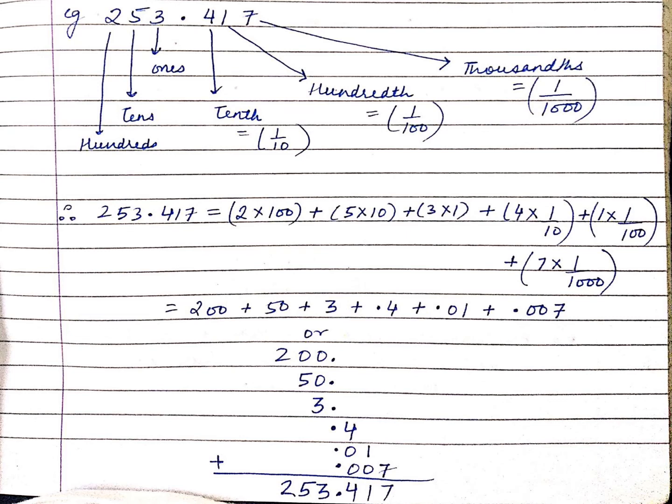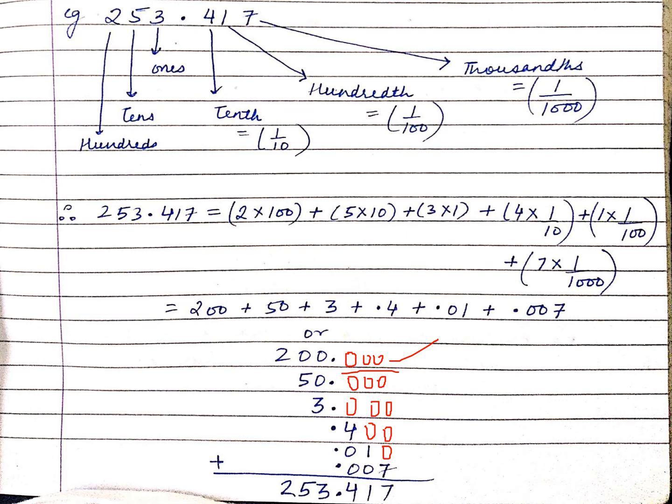What you can do, you can place 0 from your side, like 0, 0, 0. If you want, you can place more zeros like this, because these zeros after the decimal have no value. If you have 10 rupees or you have 10.00000 rupees, there is no change or effect of that.